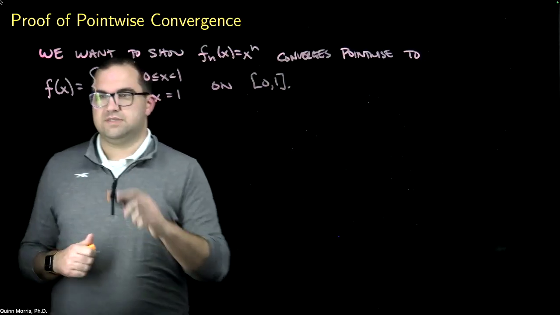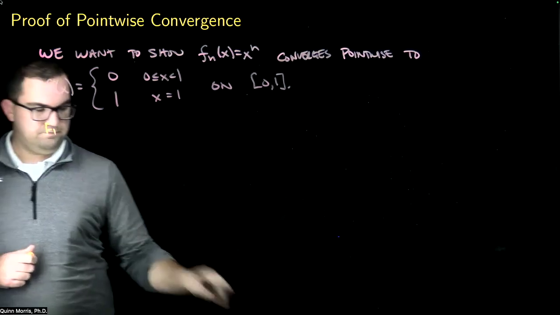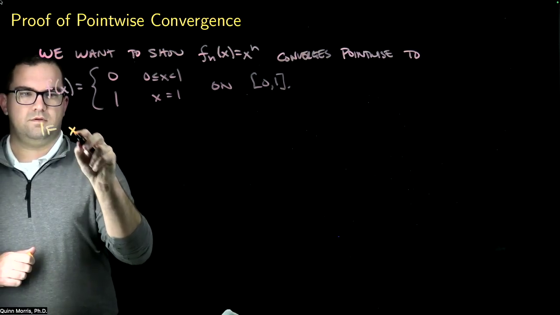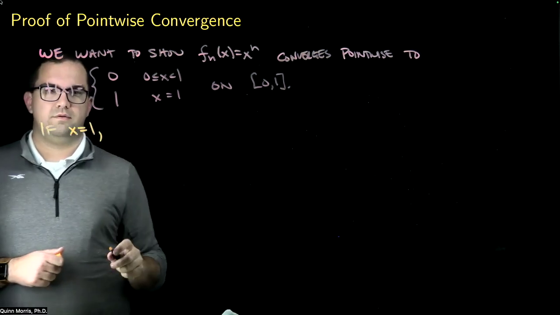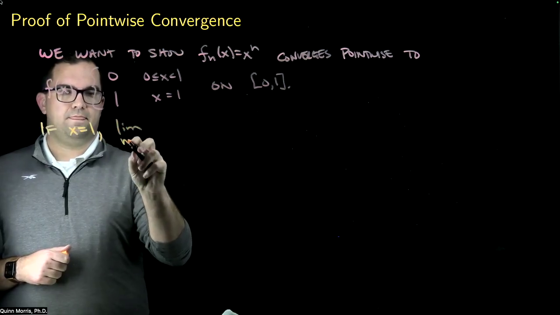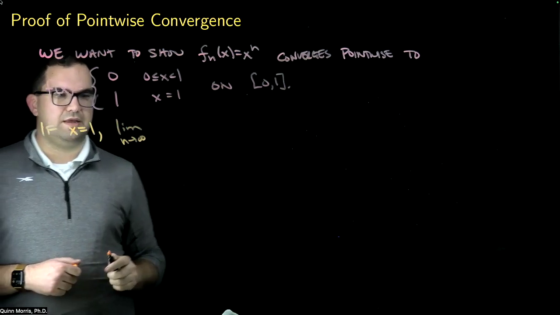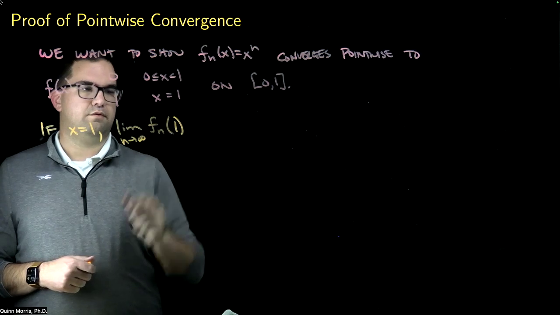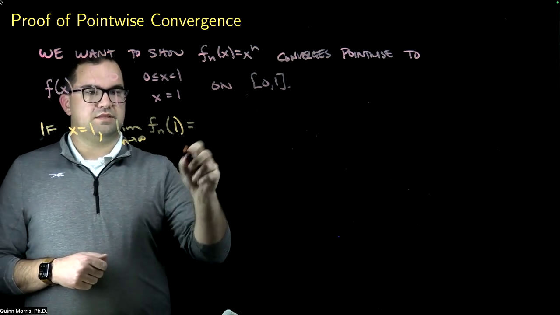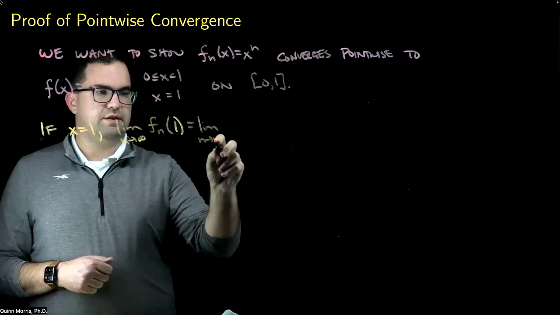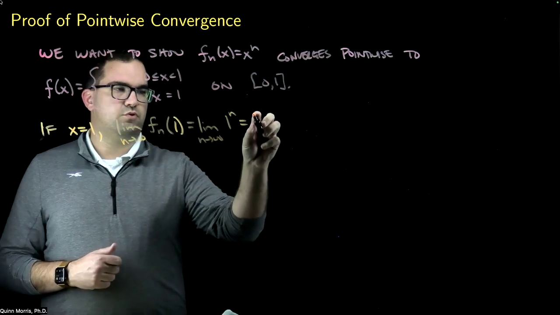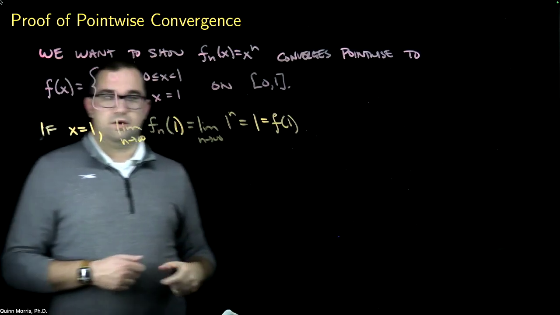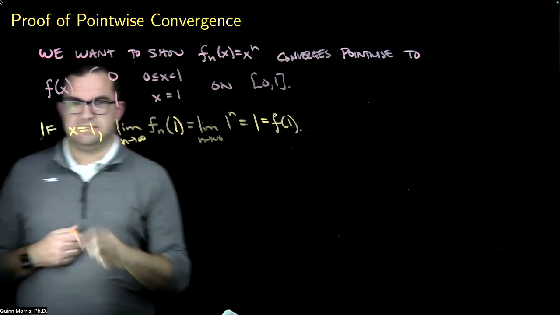For example, if x is equal to 1, then the limit as n goes to infinity of f sub n of 1 is just the limit as n goes to infinity of 1 to the n, which is of course just 1, which is in fact f of 1. So when x is equal to 1, this is easy.